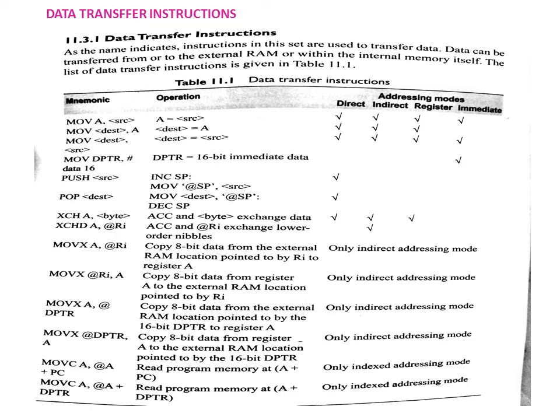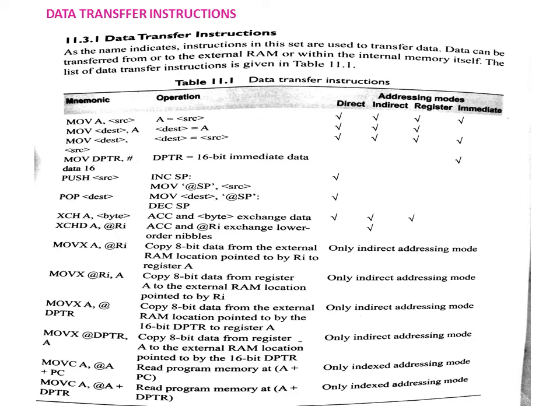Once again I am repeating: the MOVX instruction uses RAM locations. MOVC uses the contents of the data or register you specified in the instruction.